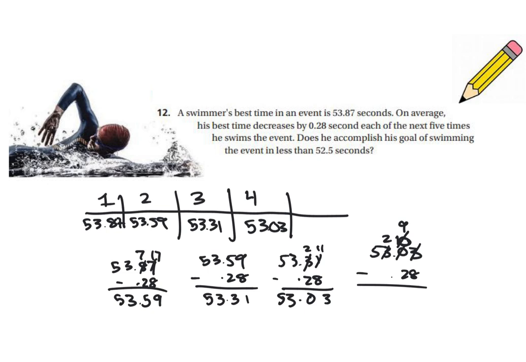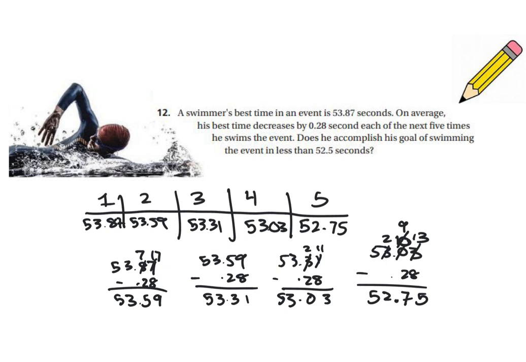Whole bunch of regrouping and borrowing. 13 minus 8 is 5. 9 minus 2 is 7. And we get 52.75 for the fifth race.